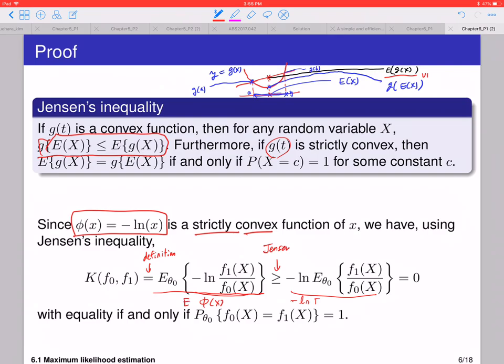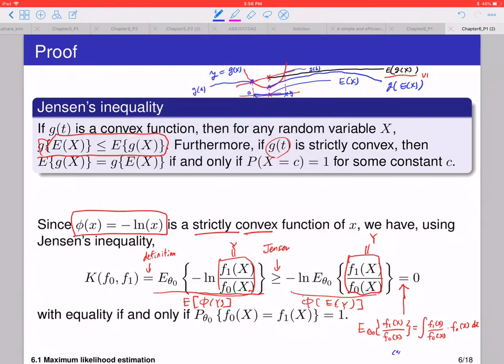The whole thing is the expectation of phi of x, and by Jensen this is bounded by phi of the expectation, where we can call the variable y. Why is this so? Because the expectation is the integration of f1(x) divided by f0(x) times f0(x) dx.